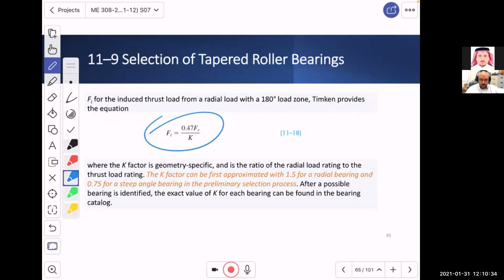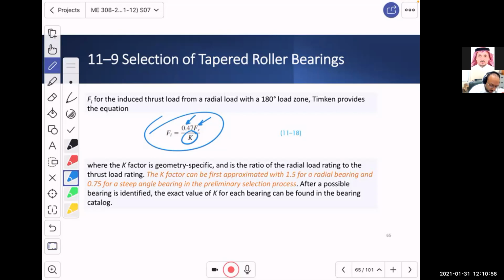The induced force tells me how much a radial load is being applied on the bearing. And then multiply that radial load by 0.47 and divide it by K. Now, 0.47 is easy. FR is easy. Do you know why? Because it's the reaction.